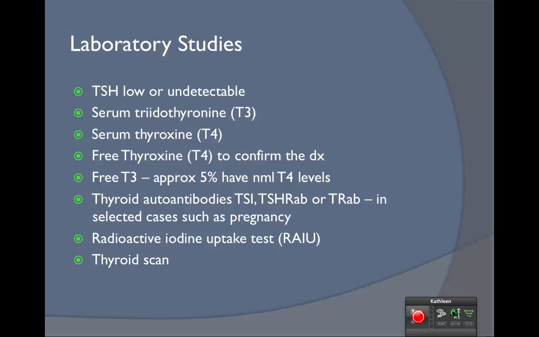Potential findings with hyperthyroidism, you can have a T3 of 220 and a T4 of 12.5. A free T4 greater than 2.0 measures the amount of unbound T4 in the serum.